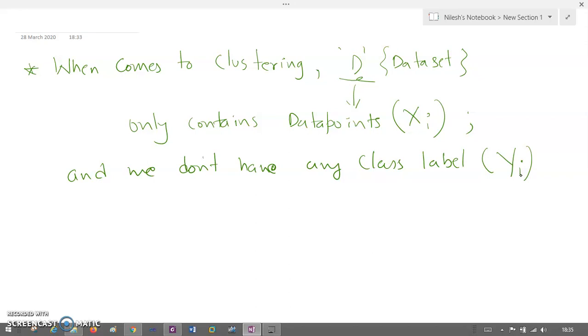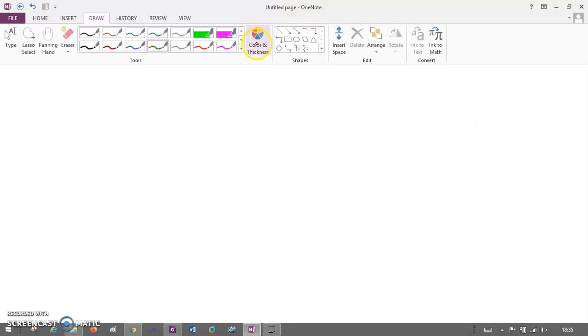Based on this, we're going to understand the hierarchical clustering technique, which is one of the most popular and easy to understand clustering techniques, and it is of two types. One is the agglomerative technique, and another one is the divisive technique. So let's understand these two techniques for hierarchical clustering.